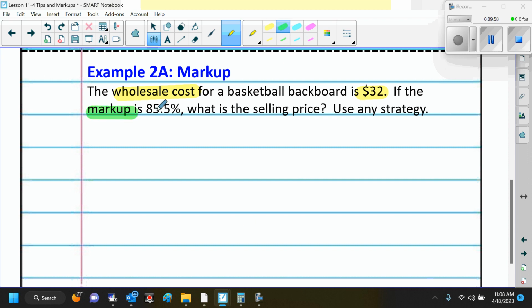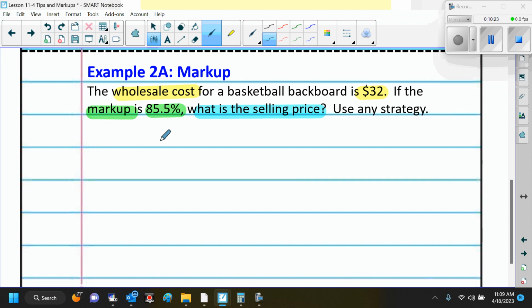The markup is 85.5%. Sorry, I meant to say 85.5%, not 15.5%. And we want to know what is the selling price. So the first thing we want to do is come up with our what number question.